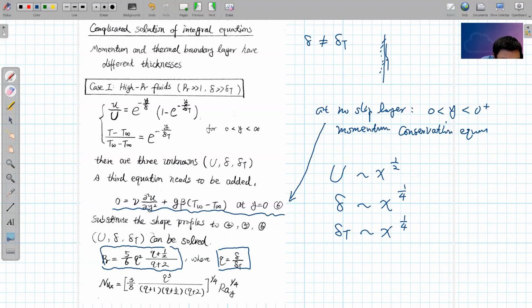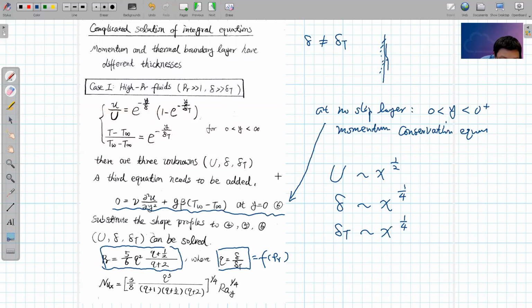You need to find the root of this equation if you know the Prandtl number of the fluid. So this q, the ratio between delta and delta t, is only a function of the Prandtl number. It depends on the fluid properties, what fluid you have, and it can be solved implicitly by these correlations.